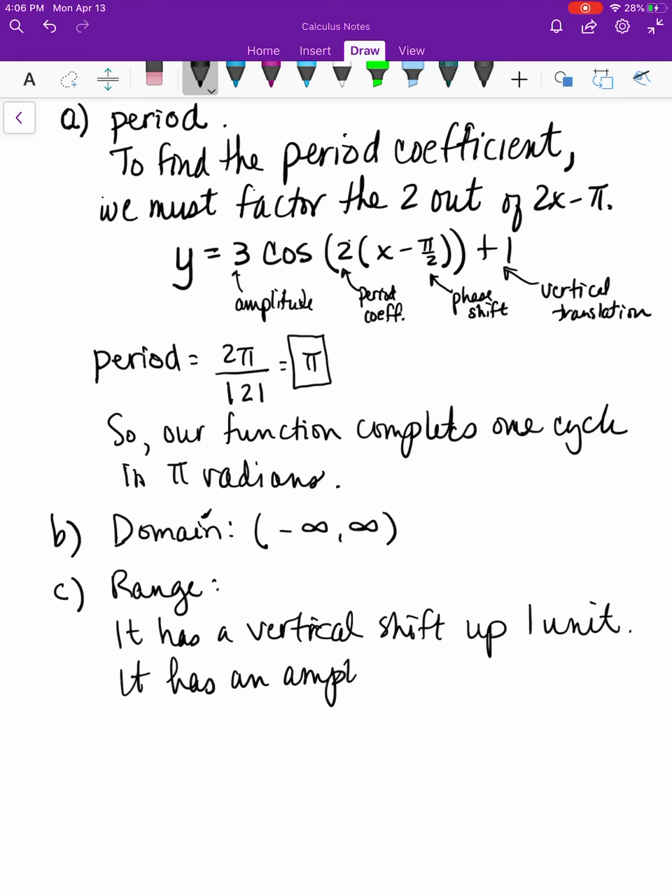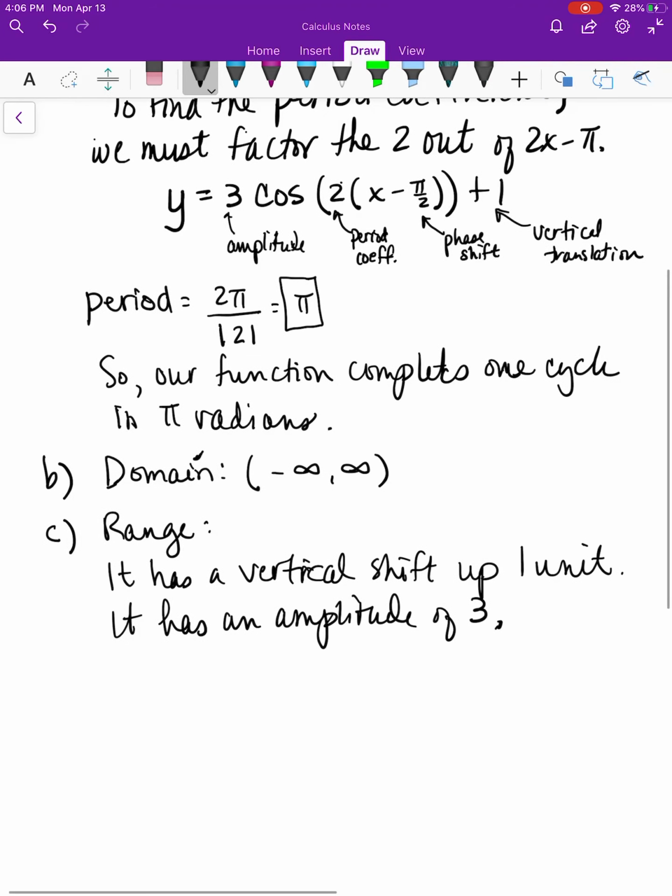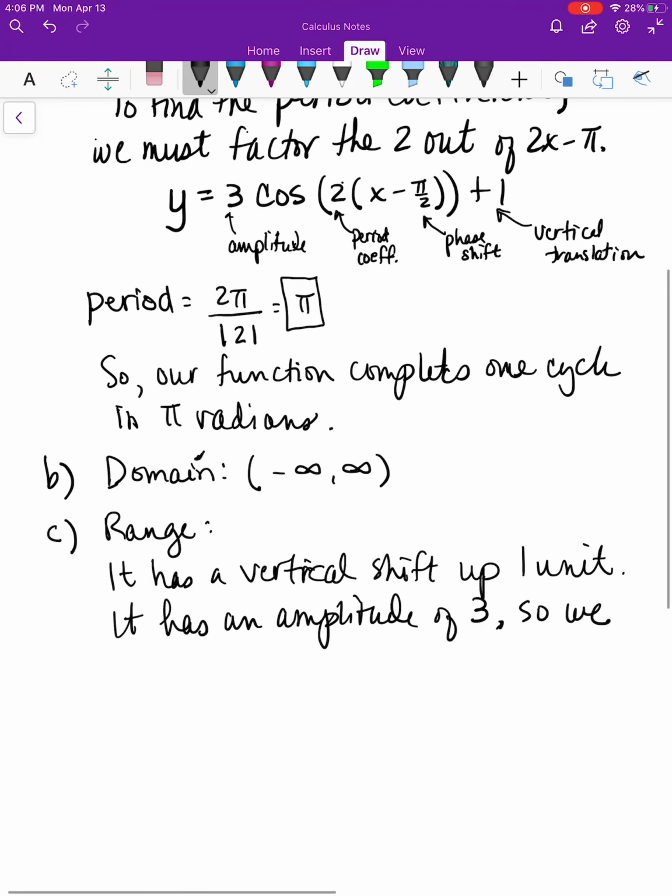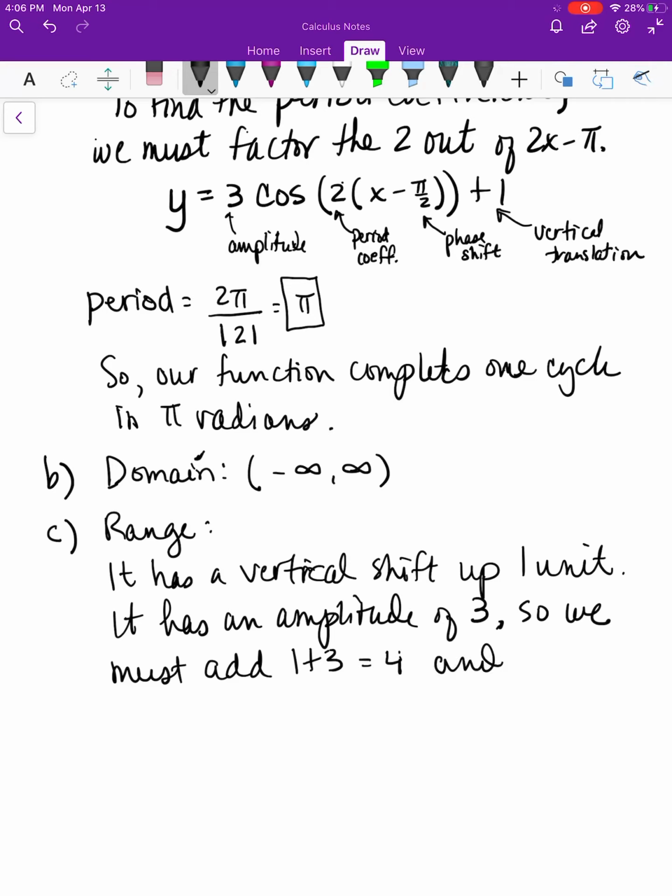It has an amplitude of 3. So we must add 1 plus 3, and that gives us 4. And take 1 minus 3, that gives us -2.